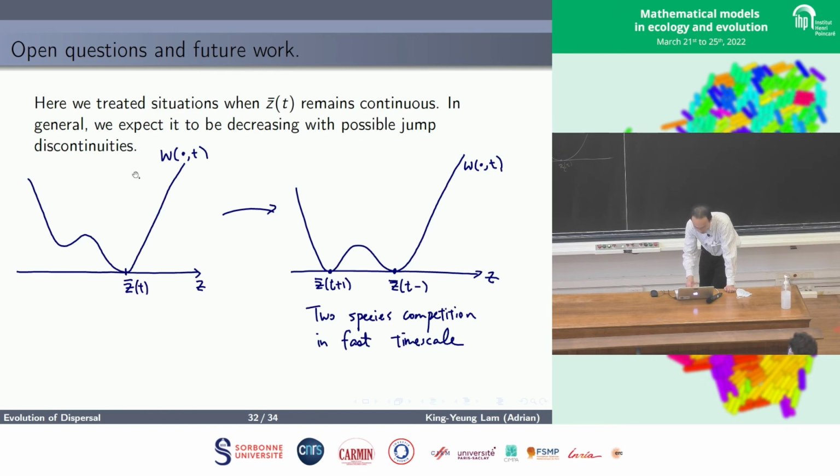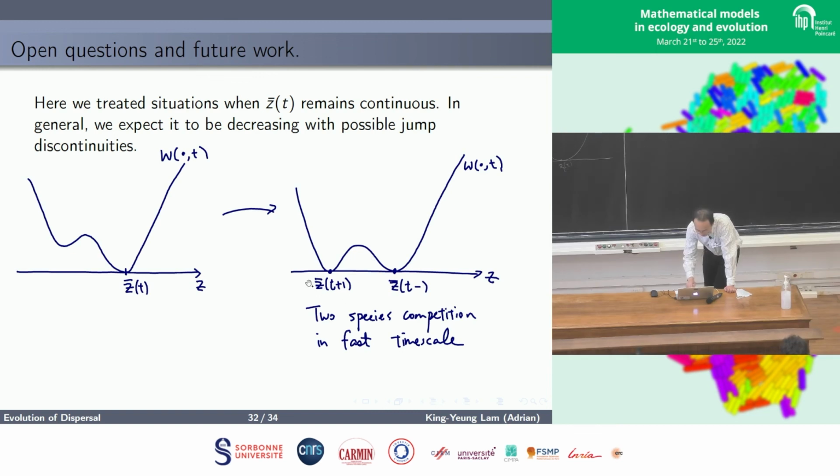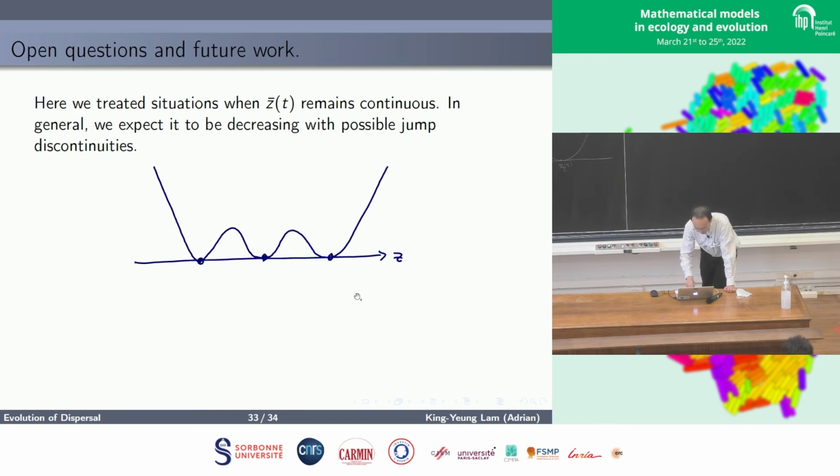But this rate function can have more than one zero at a certain time, in which case one will observe a jump in the dominant traits. The missing thing here is that in a short time scale, one will need to use results from two species competition to close the story. This is possible to do, but what is more difficult is that at a certain time there can be any number of zeros in the rate function.